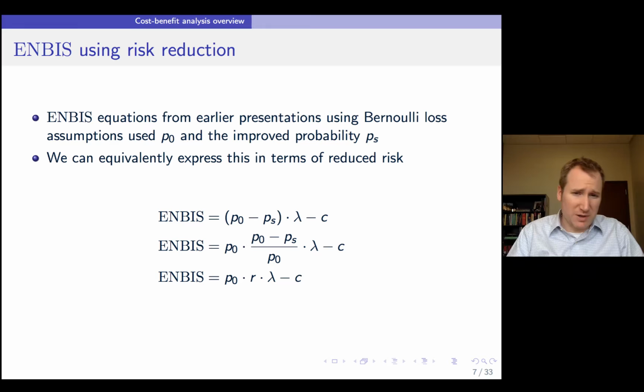We know that expected net benefit is (P0 minus PS) times your loss, minus C. With this trick, you can say that it's equivalent to P0 times (P0 minus PS) over P0, which is exactly R, times the loss, minus C. So this is an alternative specification of the metric if what you're interested in is the risk reduction fraction that's available.